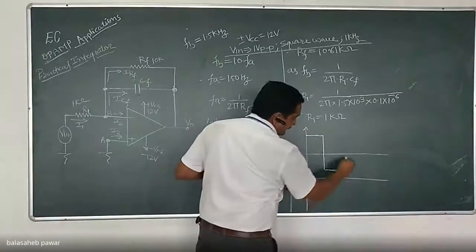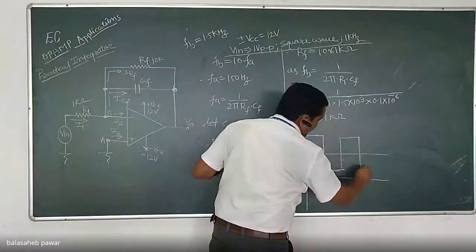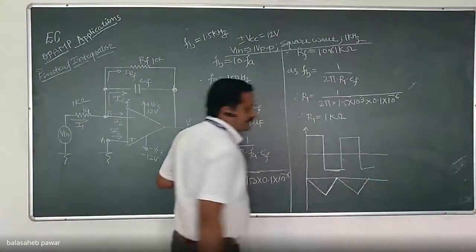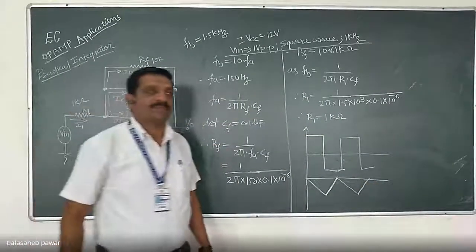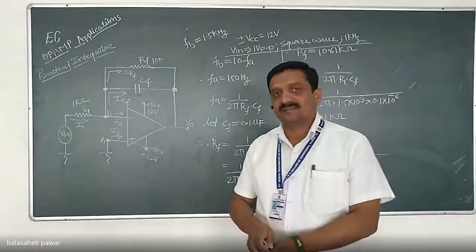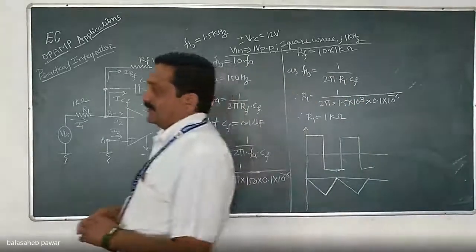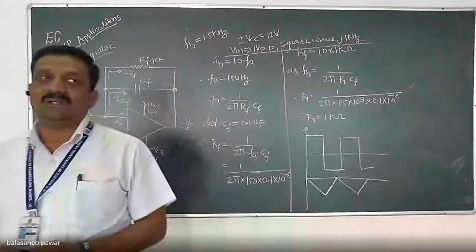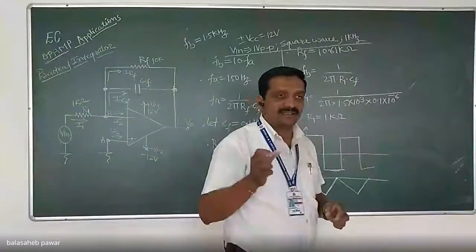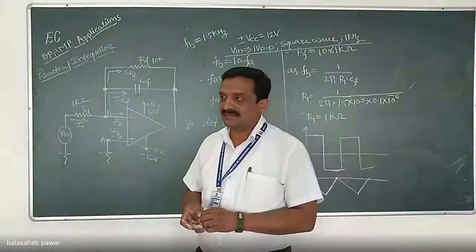If that square wave continues like this, we will obtain an output somewhat like a triangular wave. So for an integrator, if the input is a square wave, its output should be triangular. If we are getting the same output as the input, just a square wave, that means that circuitry is not working as an integrator, right?